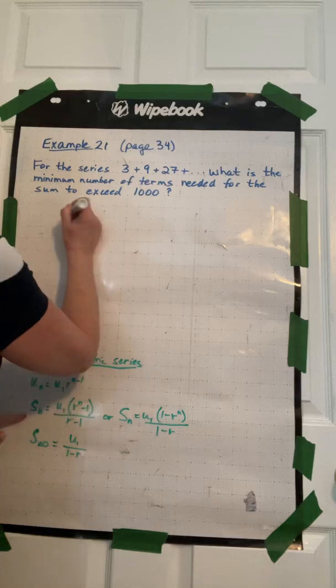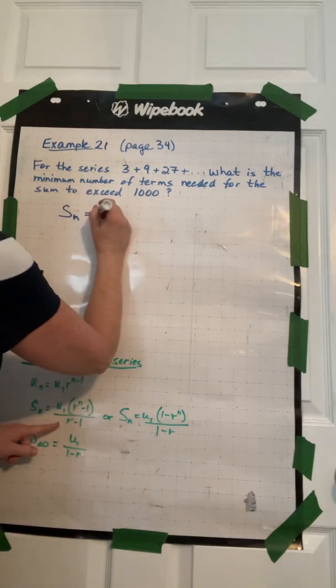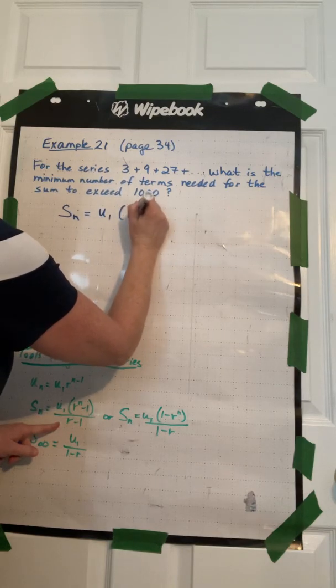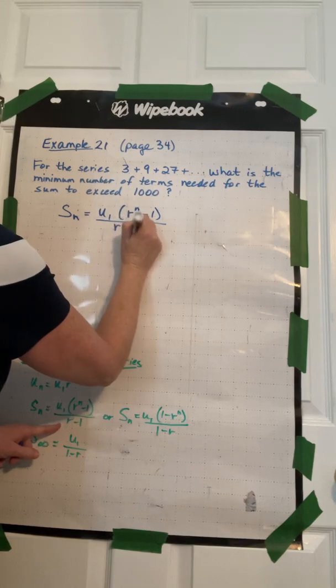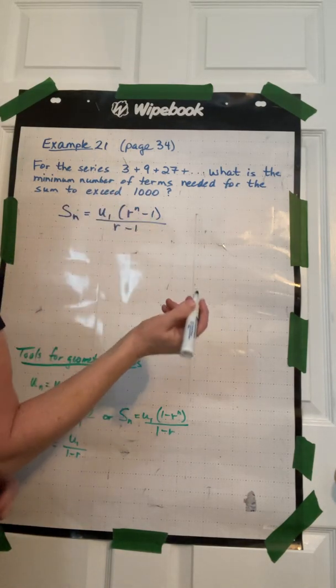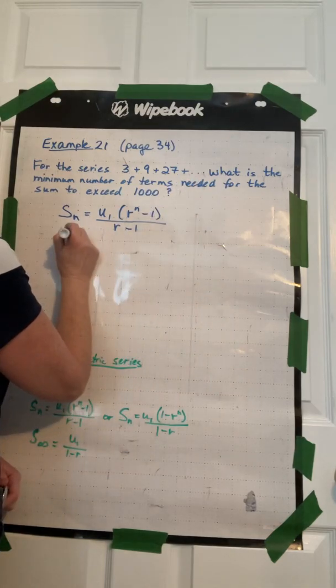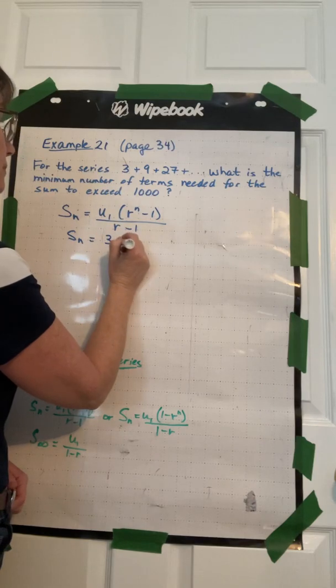So let's talk about the Sn formula. I'll choose this first one: u1 times r to the power of n minus 1, all over r minus 1. All right, what do we know? We don't know n, so Sn we don't know. u1 we know is 3.